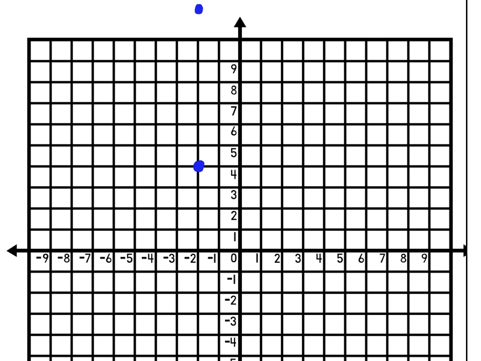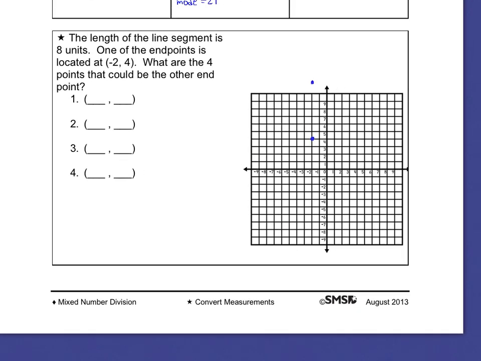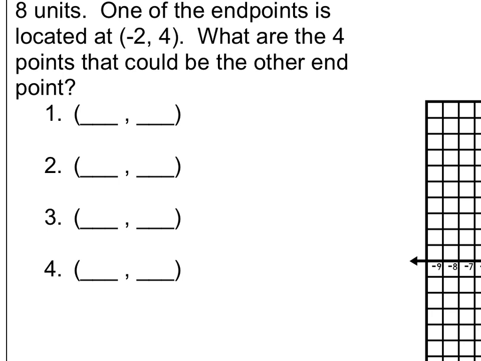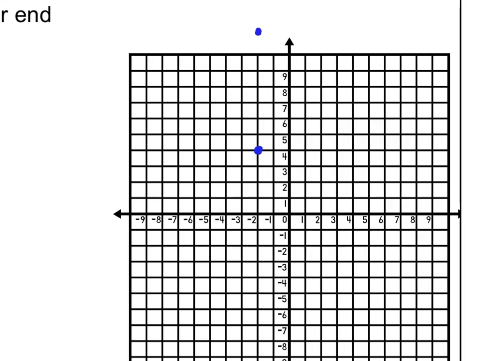So we're still at -2, right? Our x coordinate is left 2. But now we go up 12, and that makes sense because 12 minus 4 is 8. Let's go ahead and write that in. -2, 12. And we'll do one more with the graph, and then let's try it without the graph.